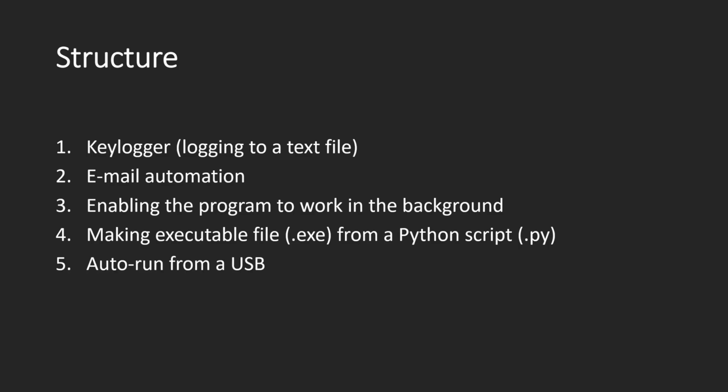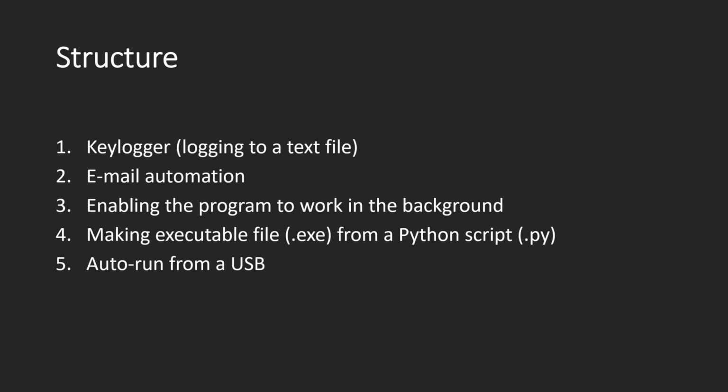And the last part is gonna be auto run from a USB. So basically you plug in a USB to some machine, and the file installs itself. So we can see how a hacker would actually run this software without our knowledge. Maybe he would sneak in a USB drive, and basically we are done.